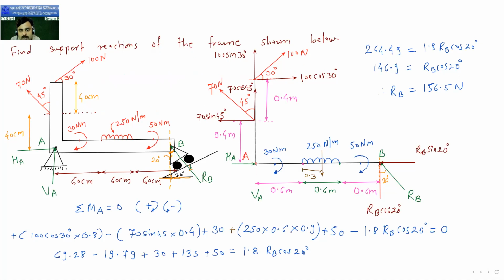I will draw the diagram of VA like this. VA is acting downward.